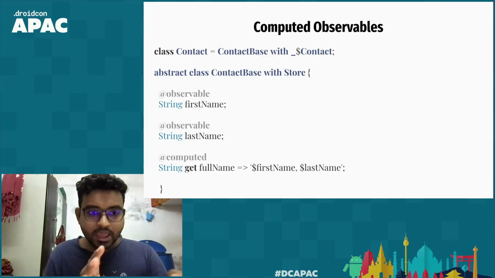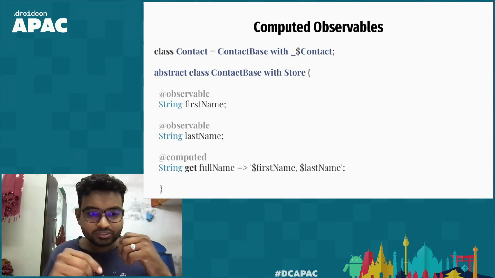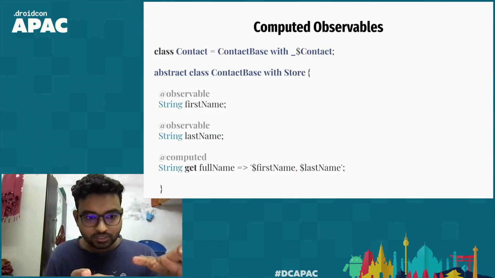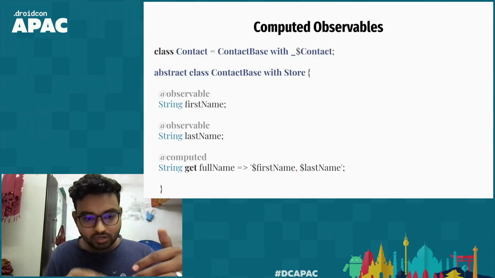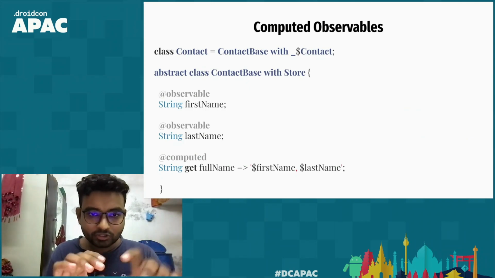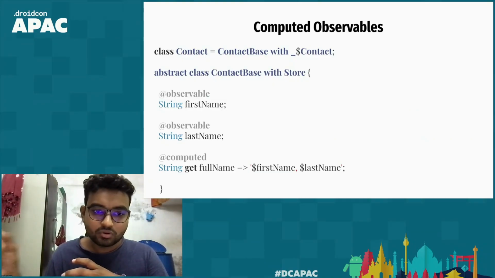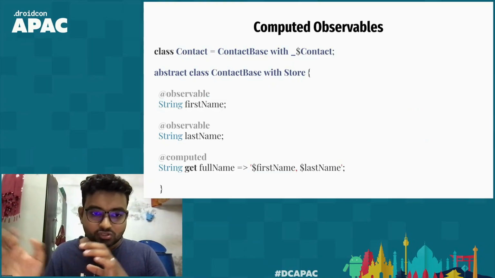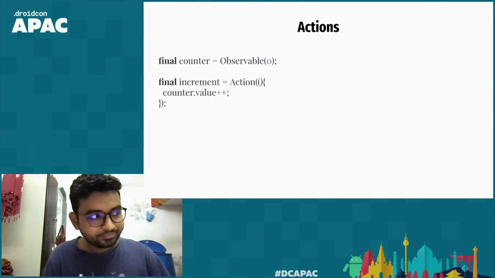So you don't have to do anything extra. You don't have to rerun or manually update your full name. You just update first name or last name, and it will directly affect your full name, and it will affect your reactions too. So if you are using a reaction over there, it will update automatically. So you don't have to do anything extra.